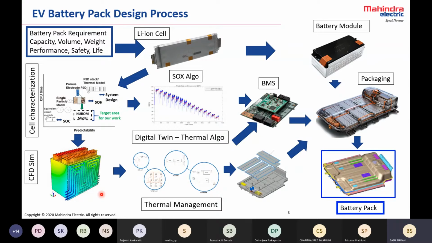So in short, what you can remember is lithium-ion batteries are very similar to human beings, meaning lithium-ion batteries work best in what we call human comfort temperature. 25 to 35 is ideal, but it will run okay from, let's say, 10 degrees to 45 degrees.